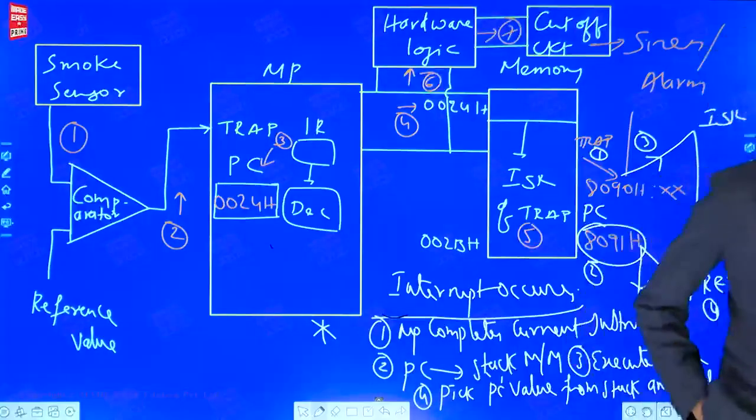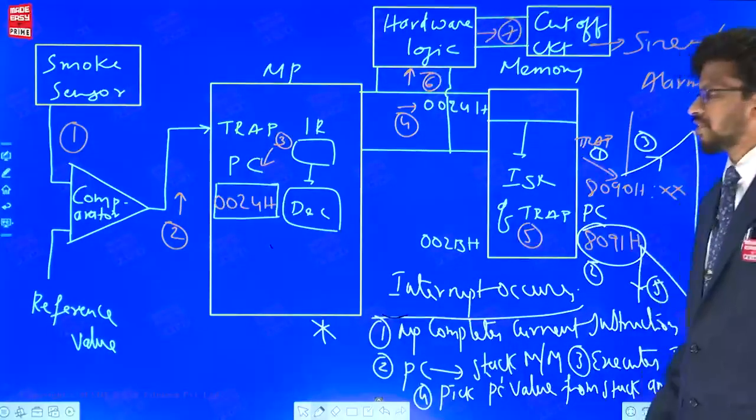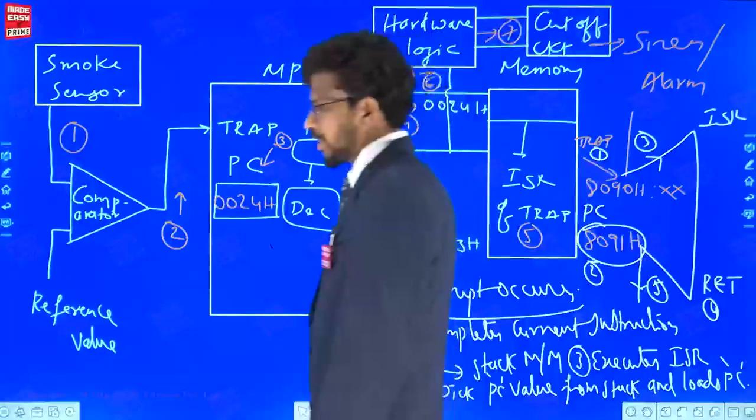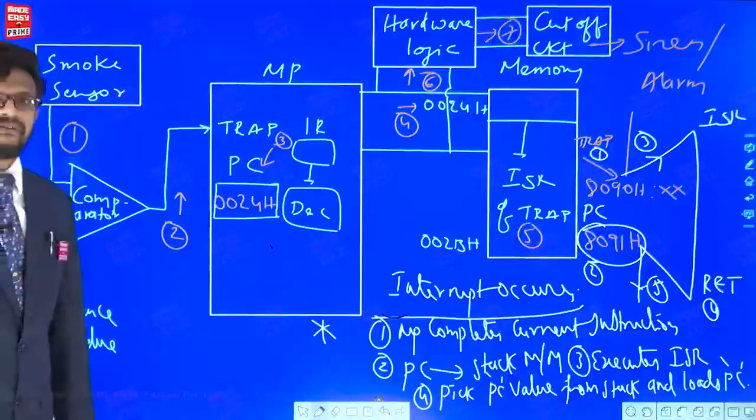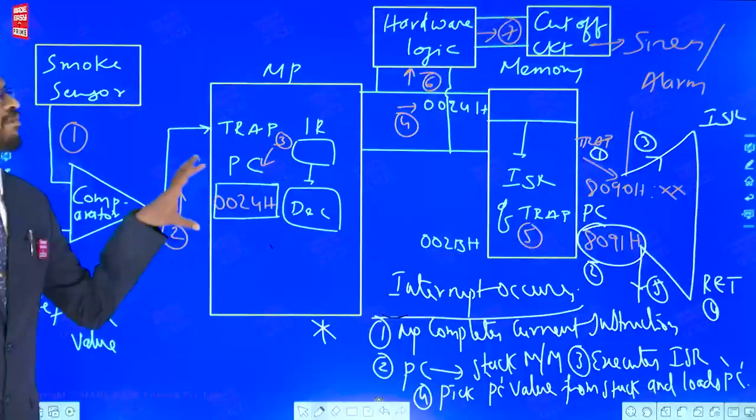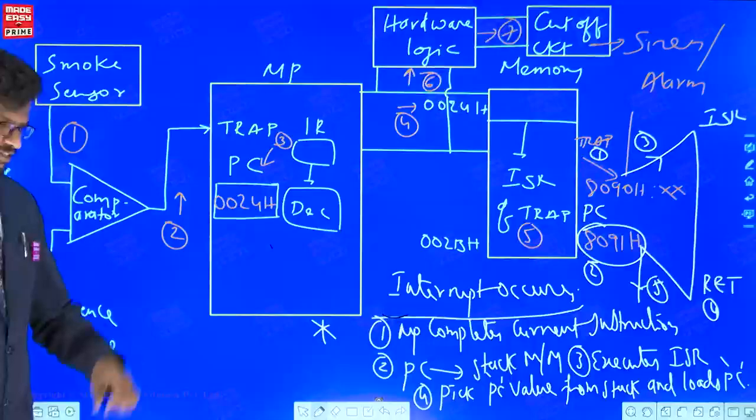So this is how a vectored interrupt, and that too a highly prioritized interrupt, will work in the industries.